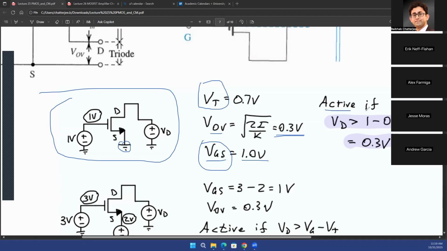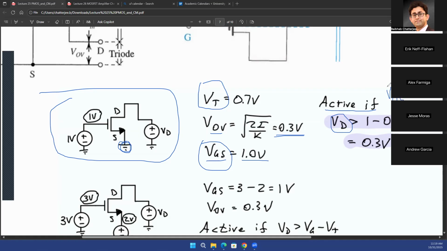Now the transistor will be in active or saturation region if your VDS, and we're writing it as VD because we know that the source voltage is already 0. But the more general form of the condition is VDS greater than V overdrive.